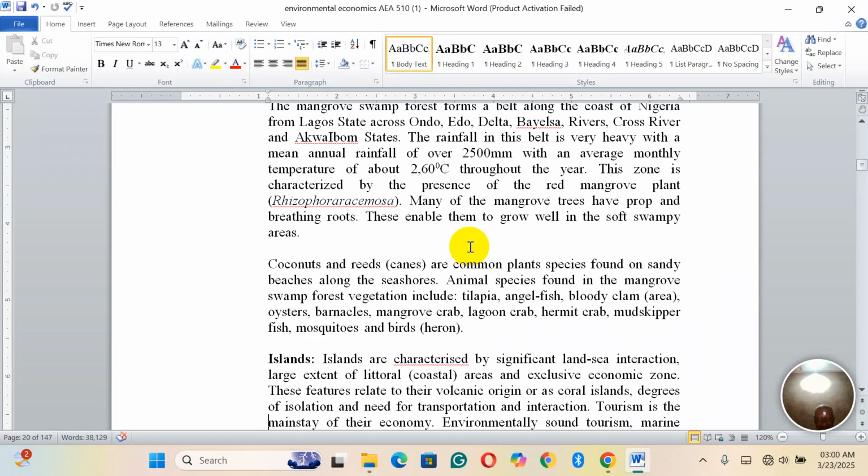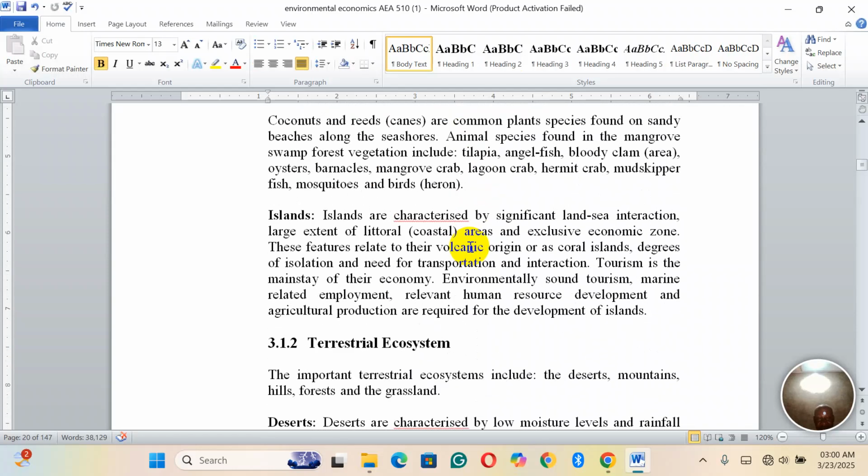Then islands. We say islands are characterized by significant land-sea interaction, a large extent of littoral, that is the coastal area, and an exclusive economic zone. This feature relates to their volcanic origin or as a coral island, degrees of isolation and need for transportation and interaction.